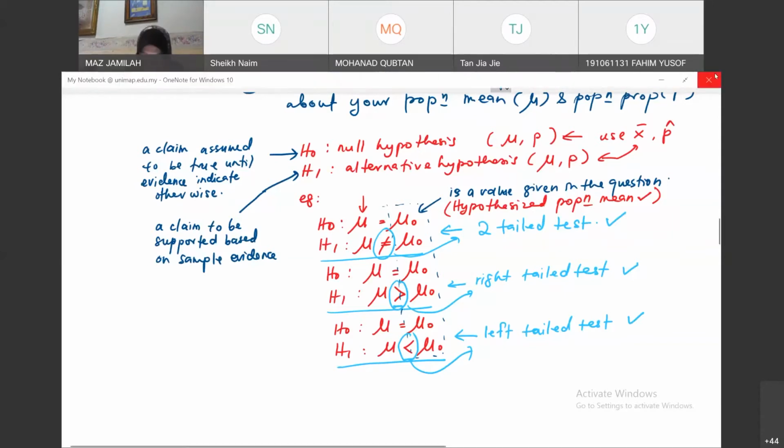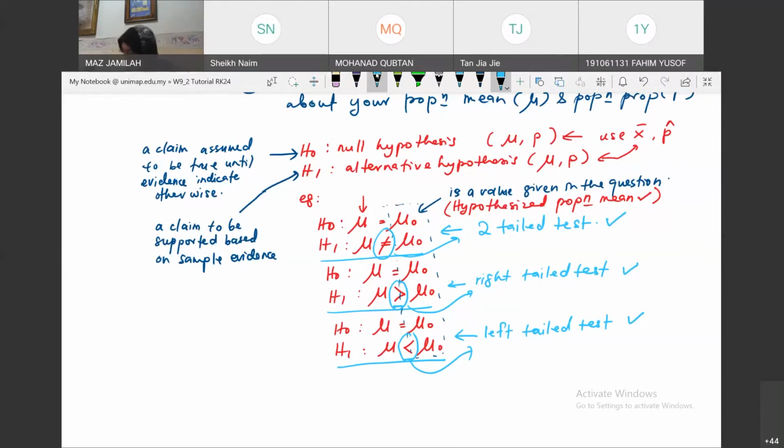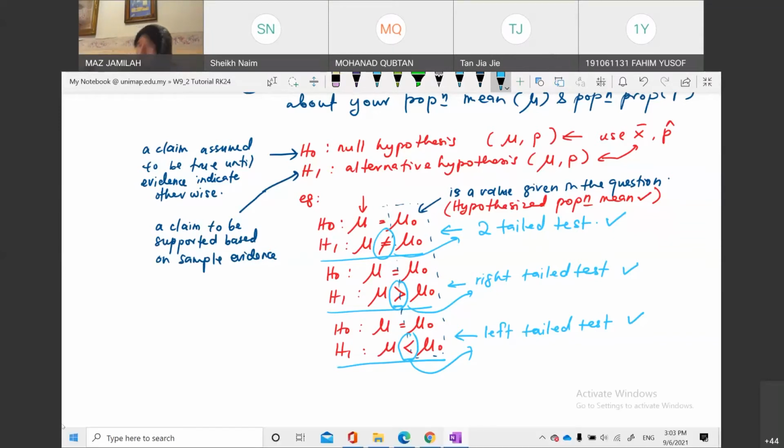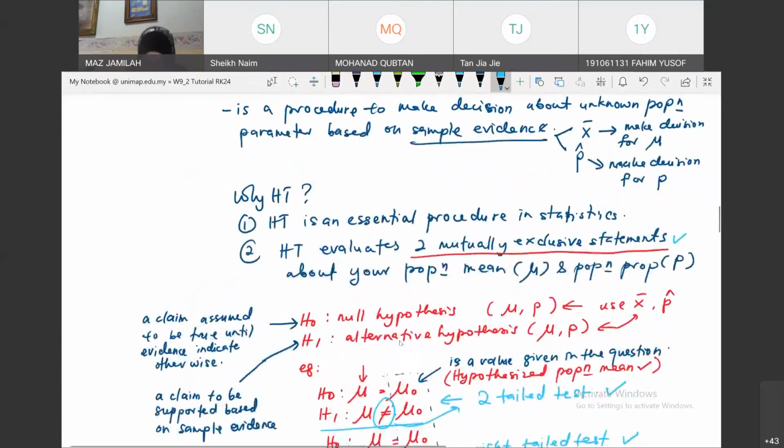Now, when we do the steps of hypothesis testing, these are all concepts. So how this will be helping in terms of the procedure next time.